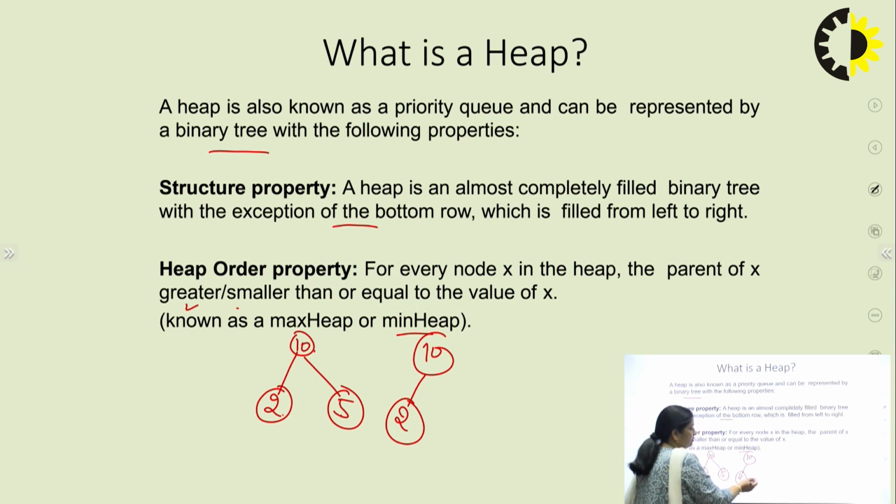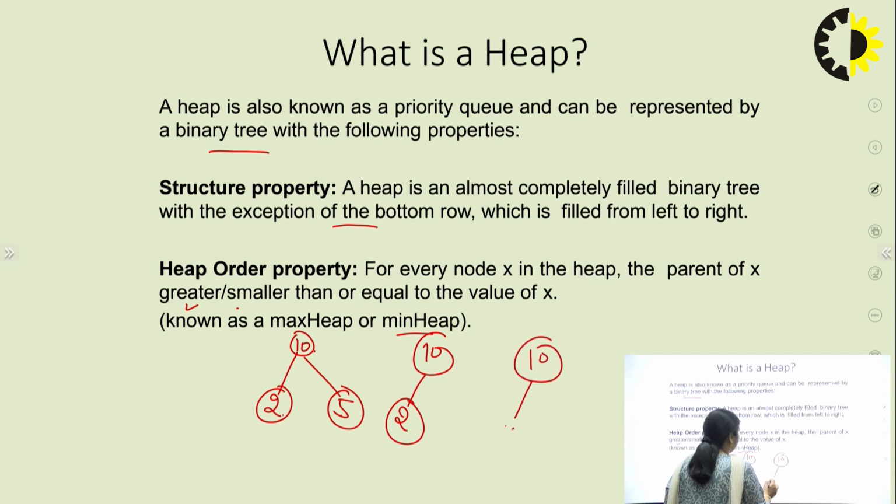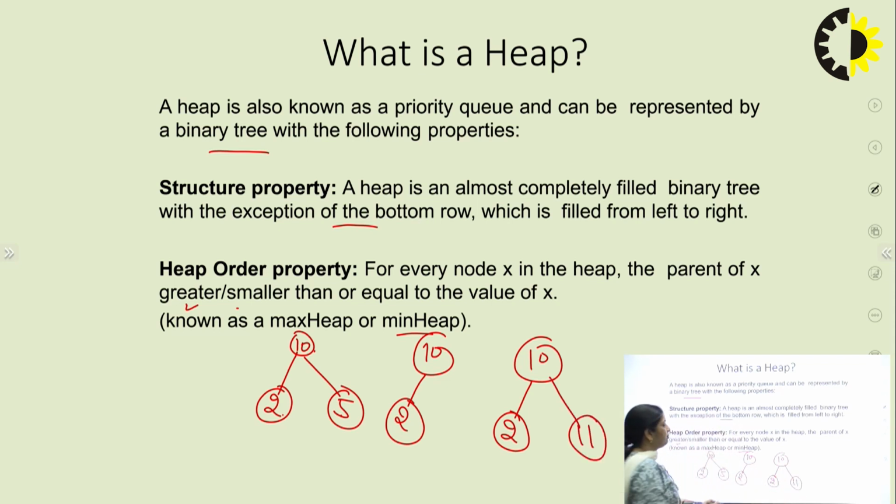Only the last level is not having the maximum possible numbers, and the numbers which are present here are in left positions. If we consider this one, it is not a heap because here the parent node is having value less than the child node. So these are the things that we need to consider.